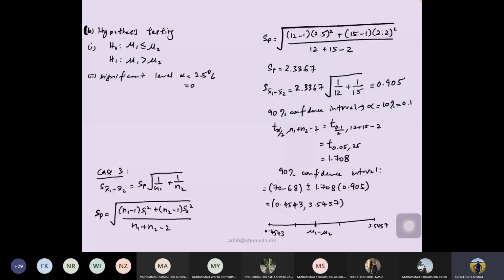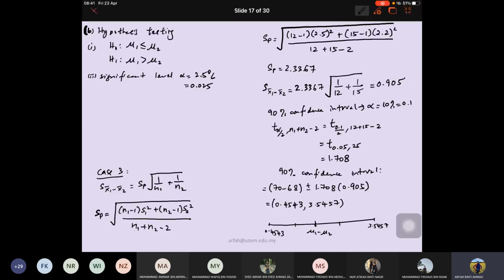So we have this one is case 3. Dia akan follow T distribution. So the test statistic T sama dengan X bar 1 minus X bar 2 minus mu 1 minus mu 2 divided by S of X bar 1 minus X bar 2. So yang ini kita dah kira tadi, S of X bar 1 minus X bar 2 equal to this one.